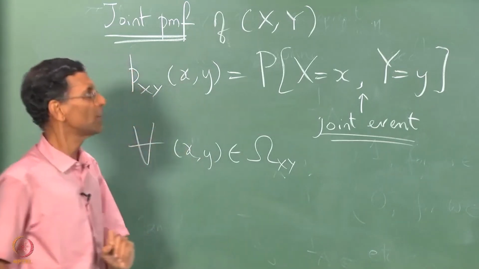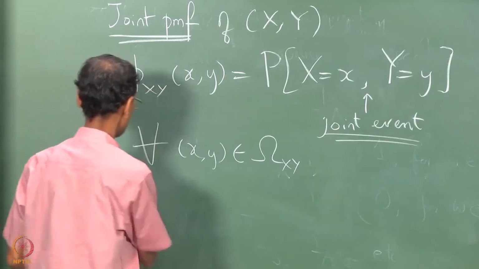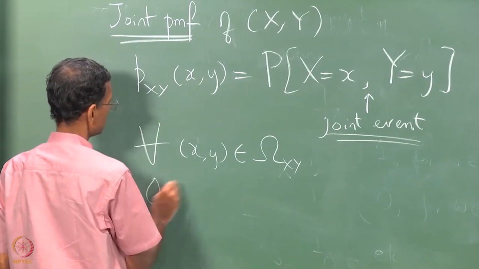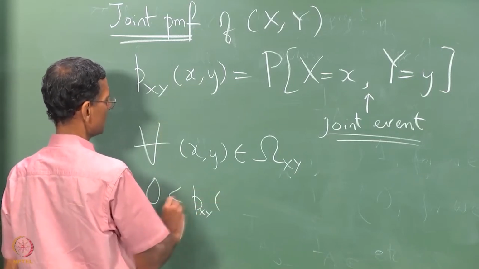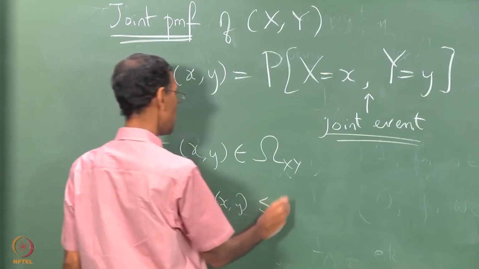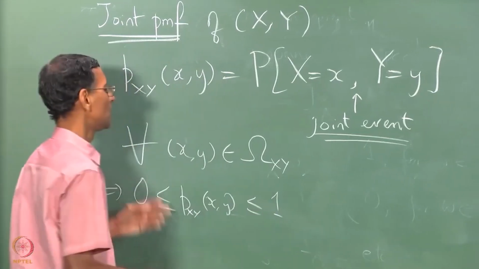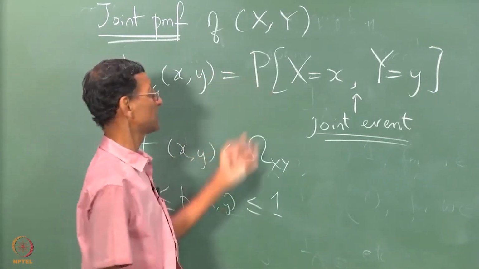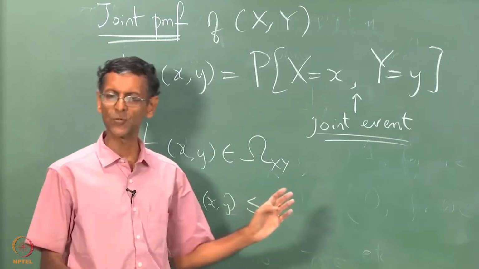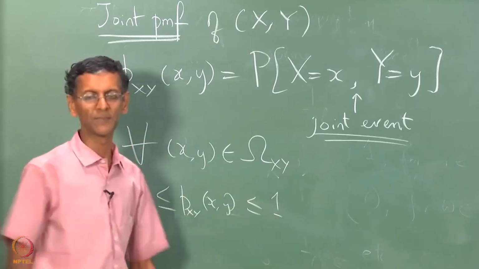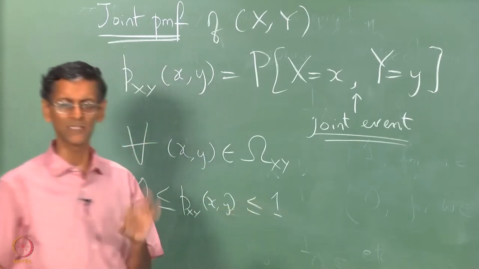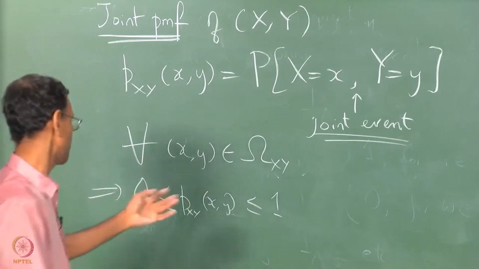So what properties do you have now? This P xy has to be between 0 and 1. Although you can say why should it be 0, or why y equal to 1 also does not make any sense, let us not split hairs over it, we will just put it here.